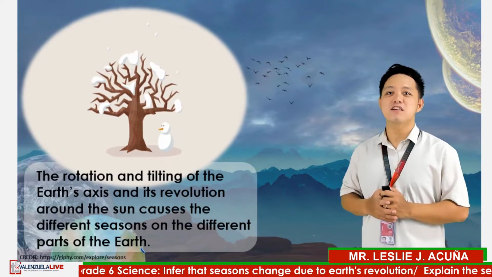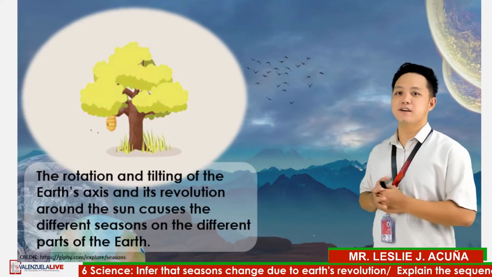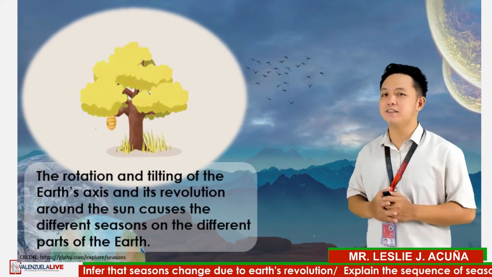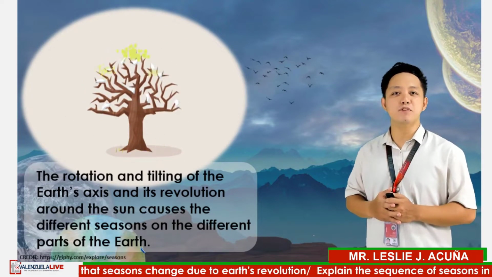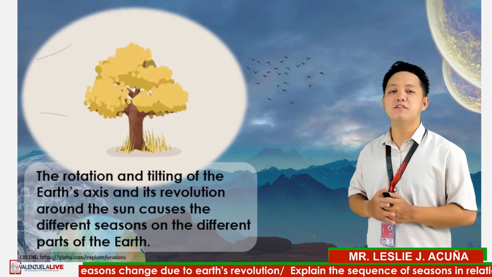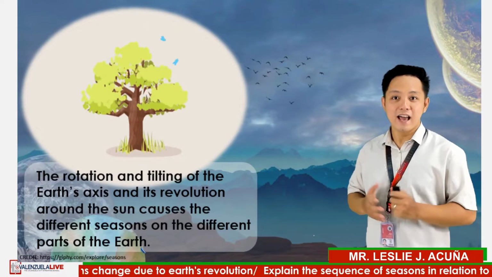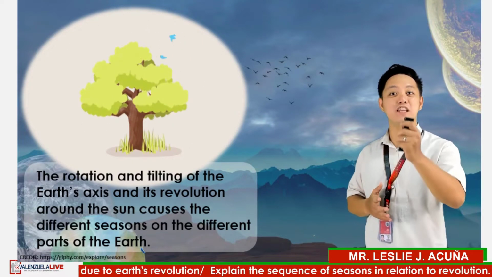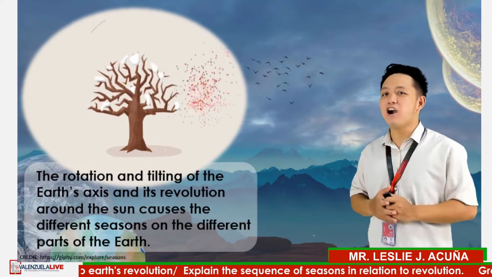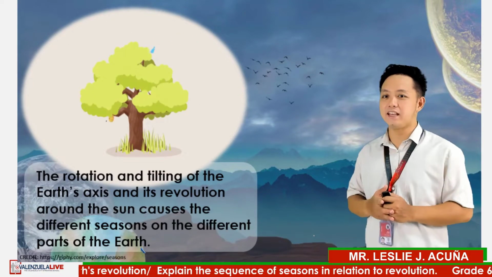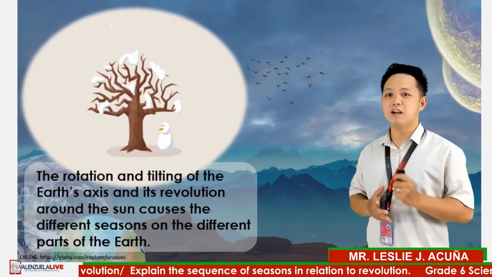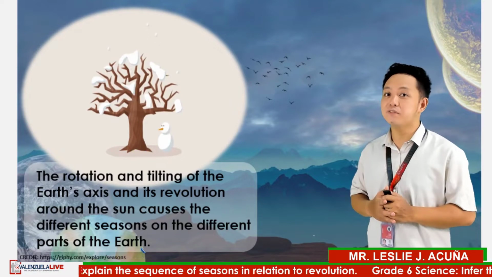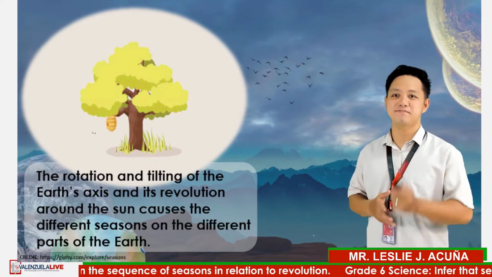Because the Earth's equator and the plane of its orbit are not aligned, different parts of the Earth receive the direct rays of the sun at different times of the year. The rotation and tilting of the Earth's axis and its revolution around the sun cause the different seasons on different parts of the Earth.